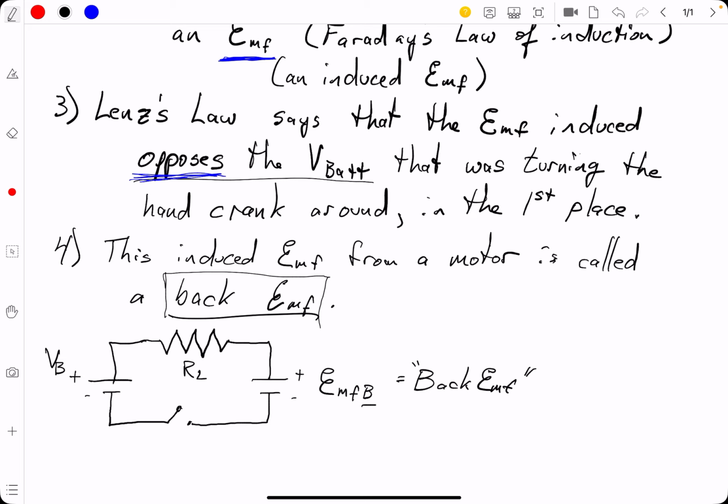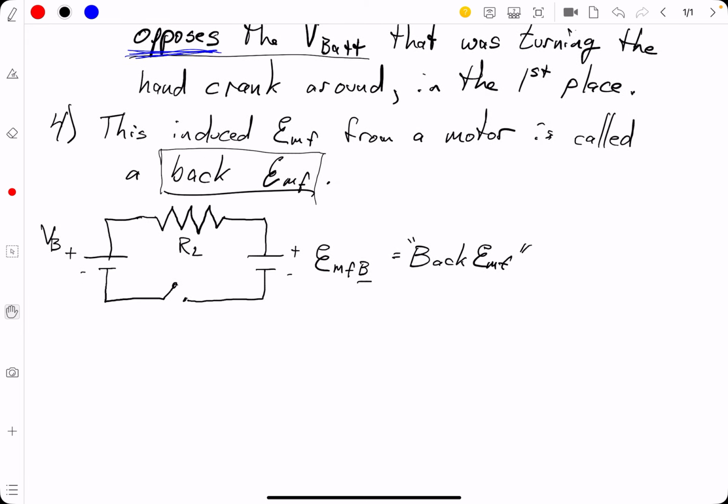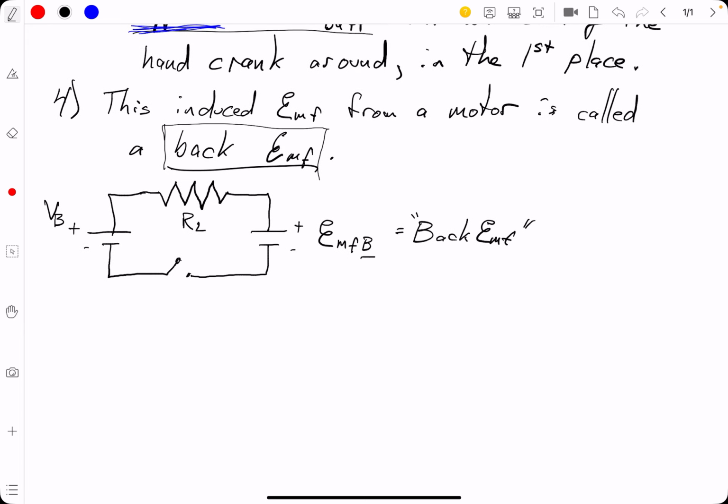If the omega of the motor spins too fast, I think this is worth putting a little, we'll make a sentence out of it.